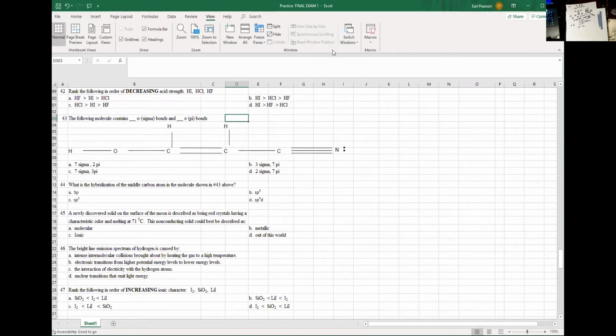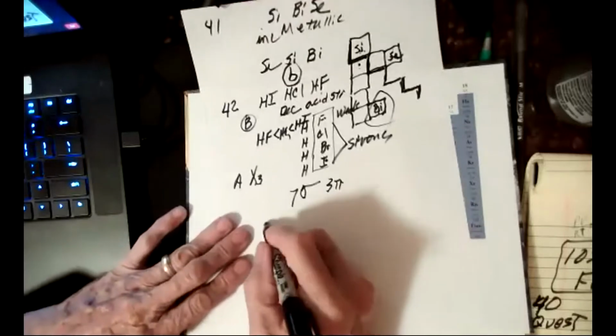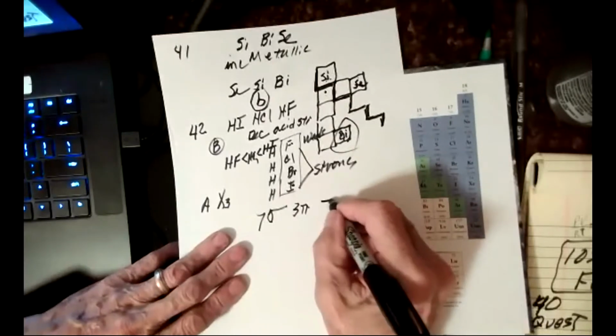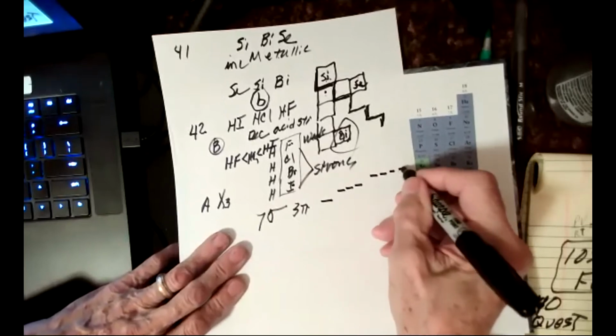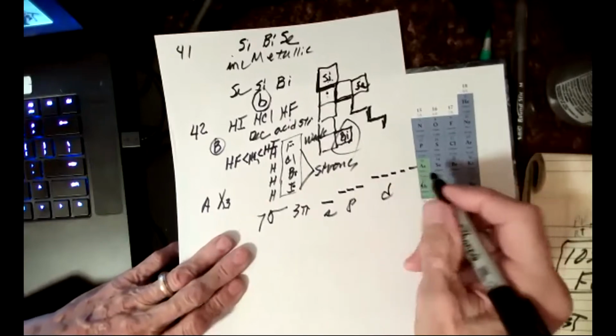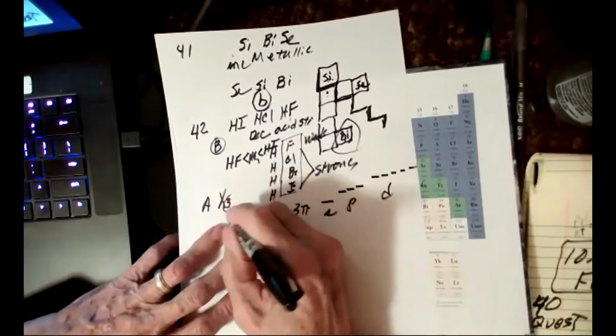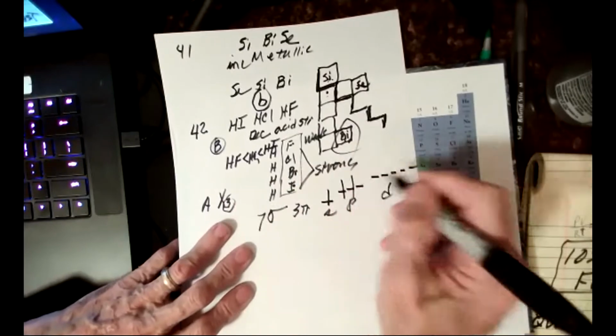And now let's go to our periodic table to get hybridization. We're possibly using S, P, and D. We use them in that order. And I need to put on 3 bonds. So I need 1 here, 1 here, and 1 there.